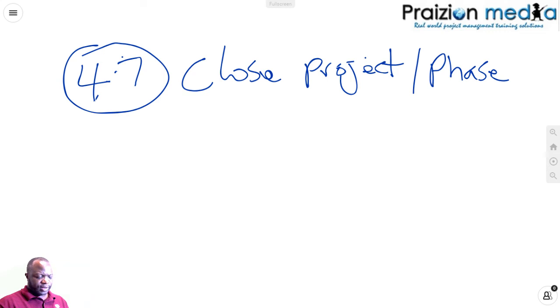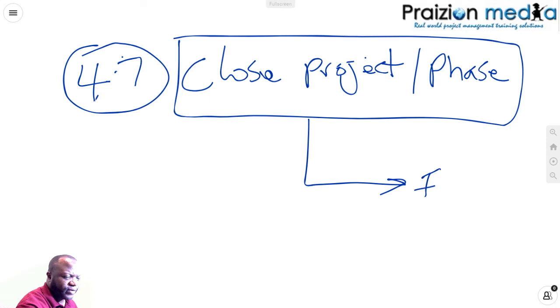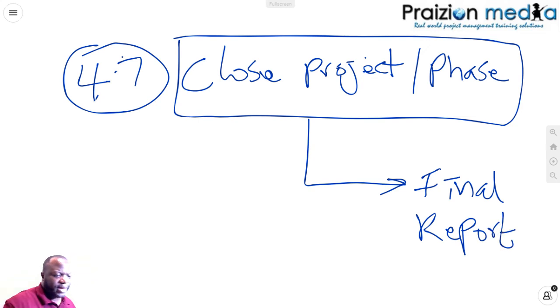And one of the things that jumps out at me is one of the outputs of close project or phase. It's called a final report. It's a final breakdown of the outcome of the project, what was achieved at a high level, did we meet the goal, so on and so forth. And it's called a final report.